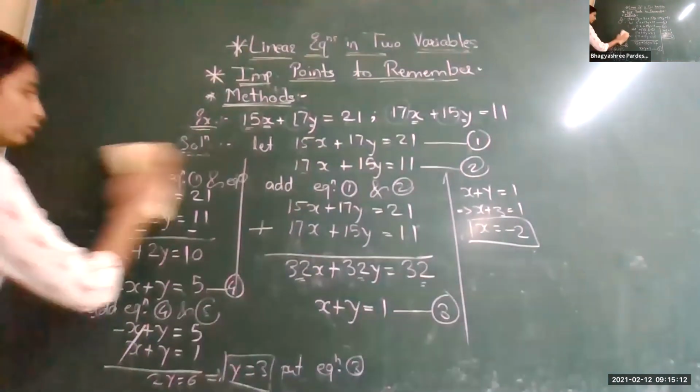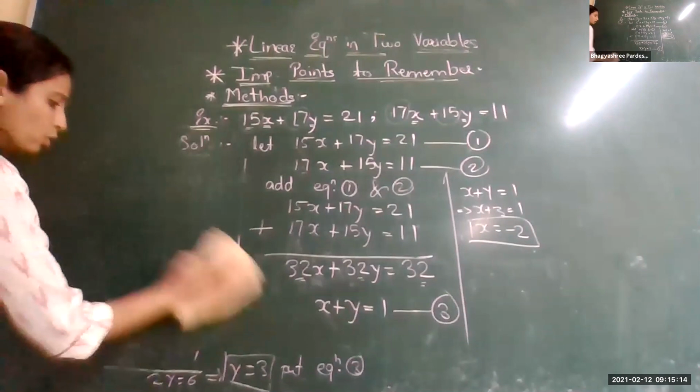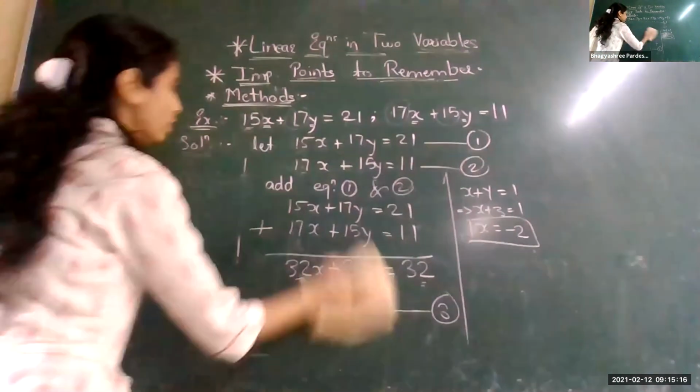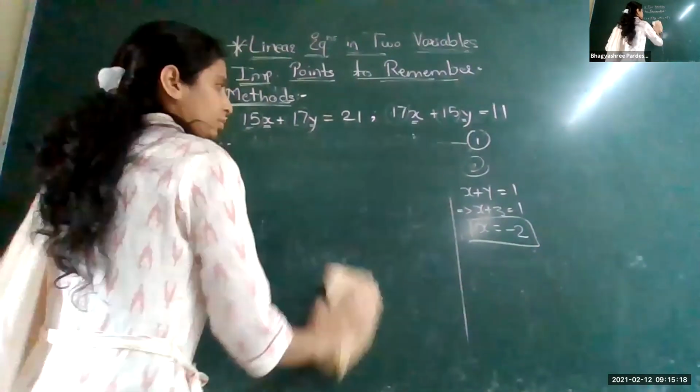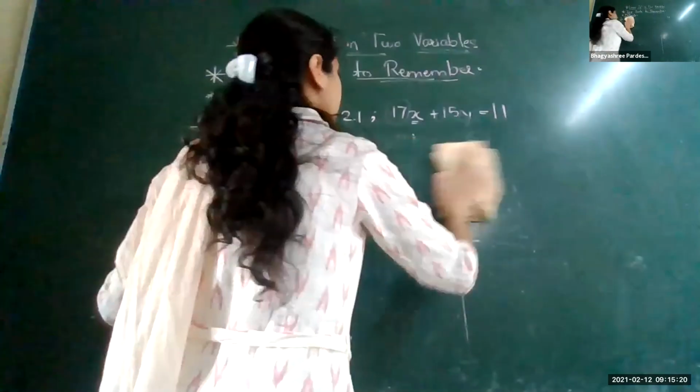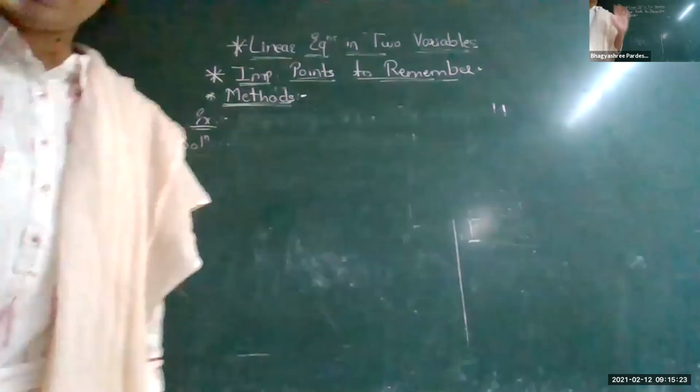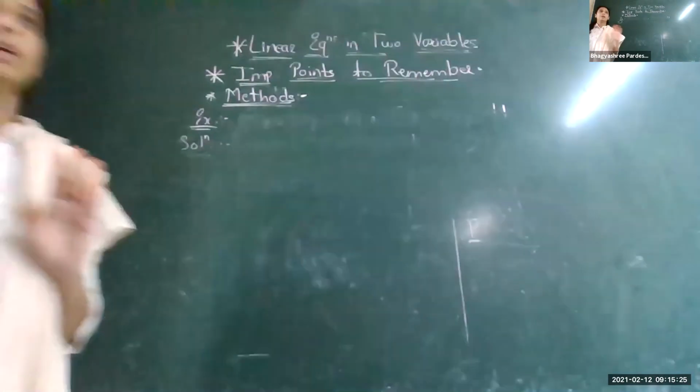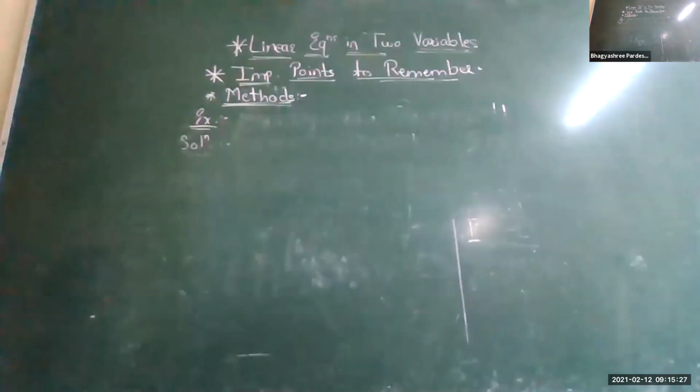Now we are going to solve the same type of equation, one more example here. The same numbers will be there, but their variables will be exchanged. So let's see one more example.